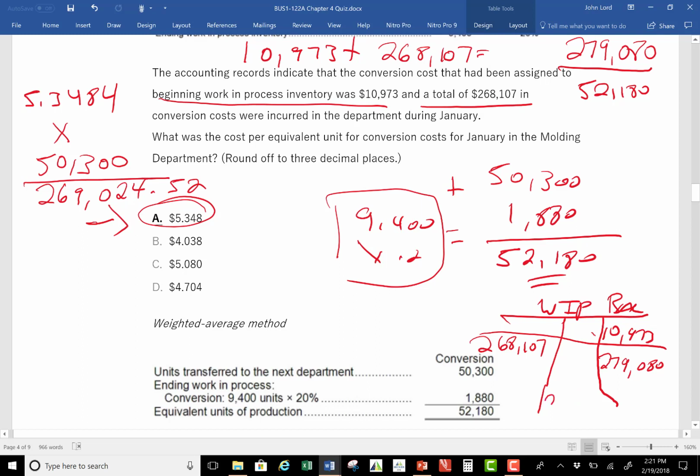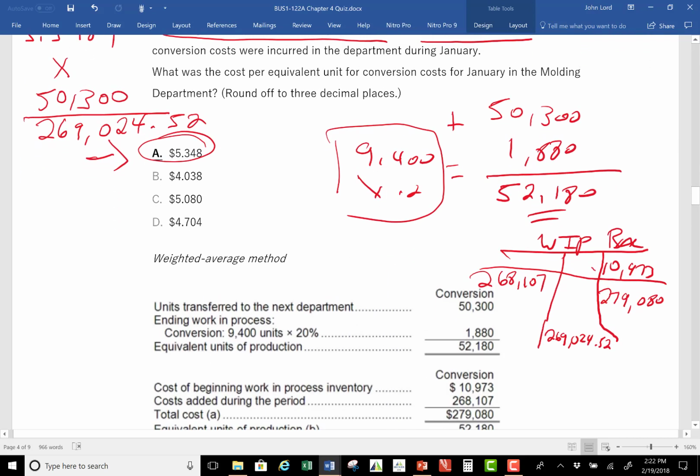Okay, so we got what? 269,024.52 gives me what? $10,055.48? Okay. So the journal entry then was to credit work in process and debit what?